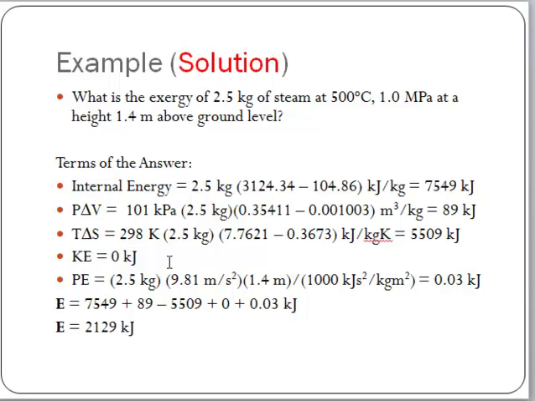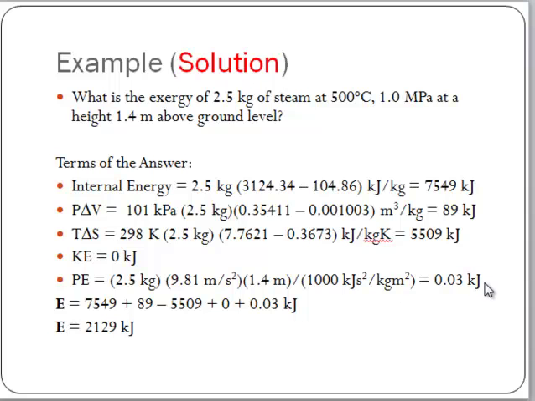I have no kinetic energy because they didn't mention a velocity, but potential energy, I do have that, and it's 1.4 meters above ground level, so take my 2.5 kilograms, g is 9.81 meters per second squared, an altitude of 1.4 meters, and then adjust the unit so I can get kilojoules like everything else here, so I'll divide through by 1,000.